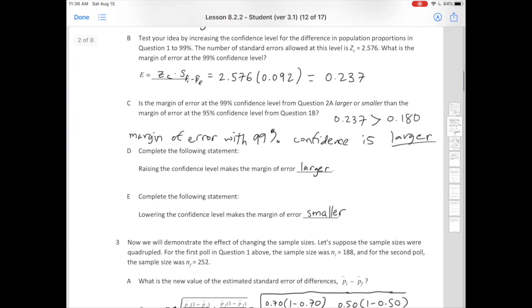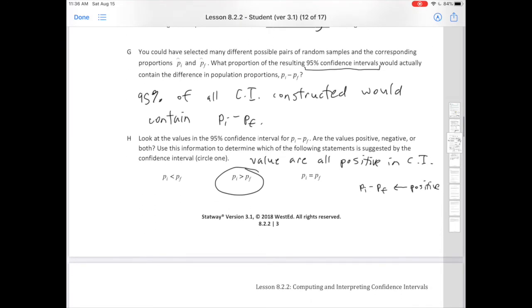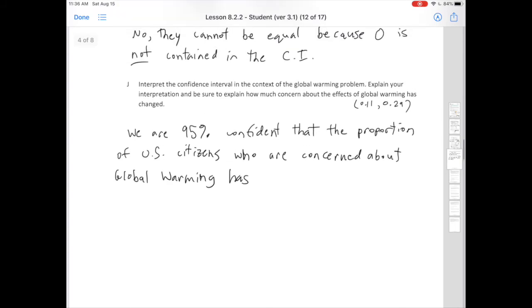Yes, actually, I said that wrong. If the initial minus the final is positive, then that means, remember, the first number is bigger. So this means that it's actually gotten smaller. So we are 95% confident that the proportion of U.S. citizens who are concerned about global warming has decreased between 0.11 and 0.29. Okay, so that's how much it has decreased by.